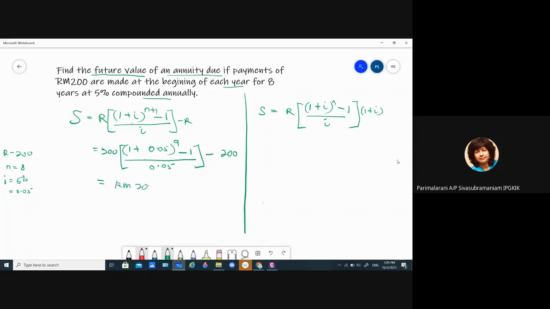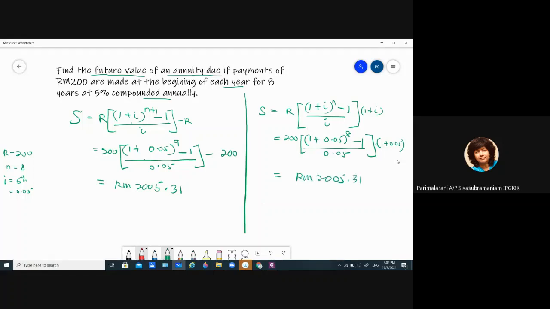So you get 2005 ringgit and 31 cents. Or if you use the second formula, with the same information, n is 8, minus 1 over 0.05 times 1 plus 0.05, and you will get the same answer.